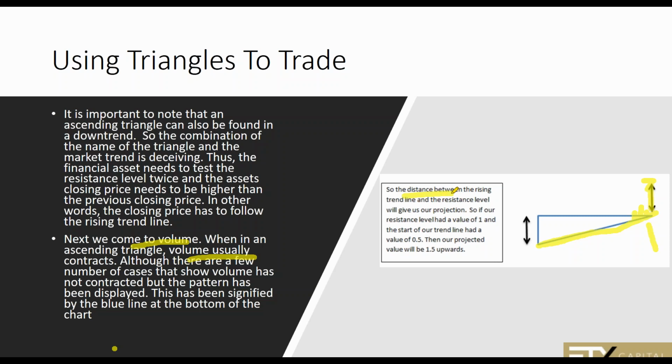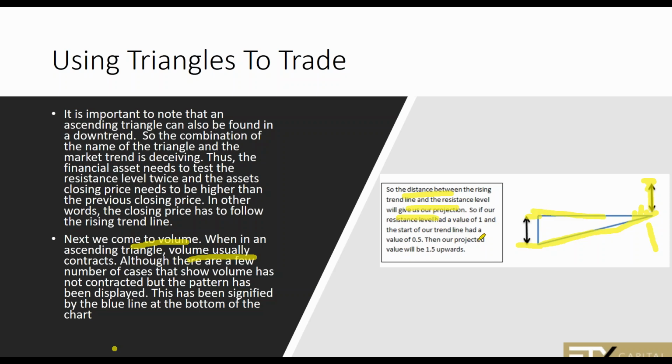Okay. Now, the distance between the rising trend line and the rising resistance line will give us our projection. So in other words, the difference between here and here on a price chart, and you can see the prices on the chart, will help us predict how much momentum, or what price that asset should go to when it breaks out.